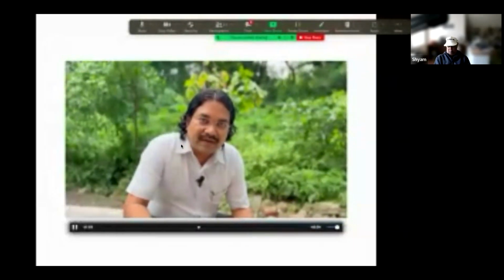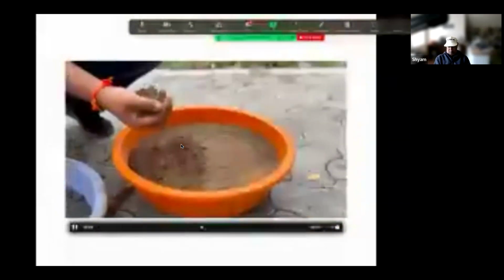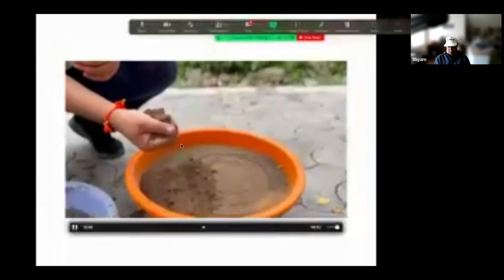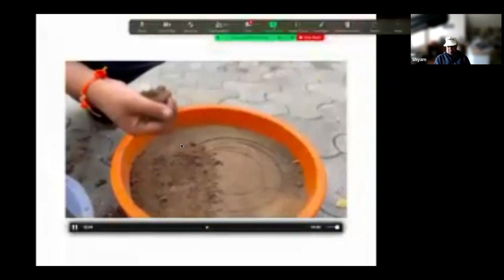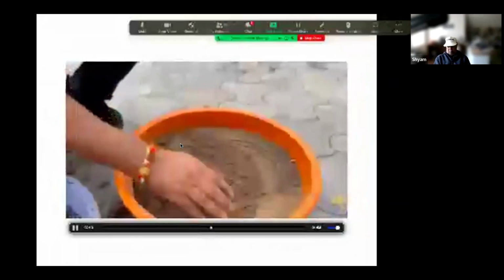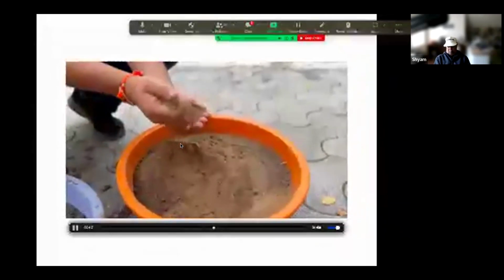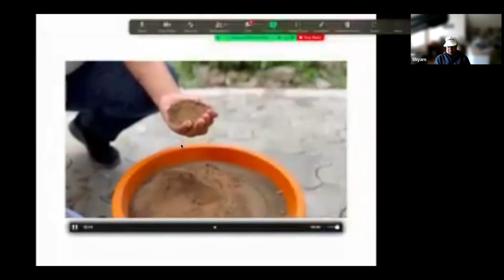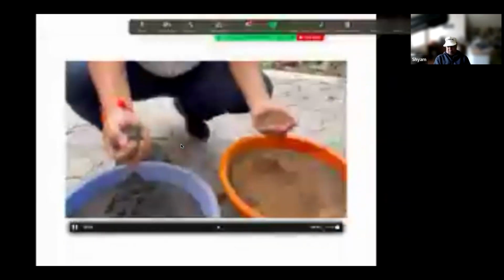Out of different binders that we tried, we came across compost. This compost is made from paddy straw. We made the compost, dried it, and then pulverized it. We tried different permutations and combinations of proportions for using biomass ash and compost.